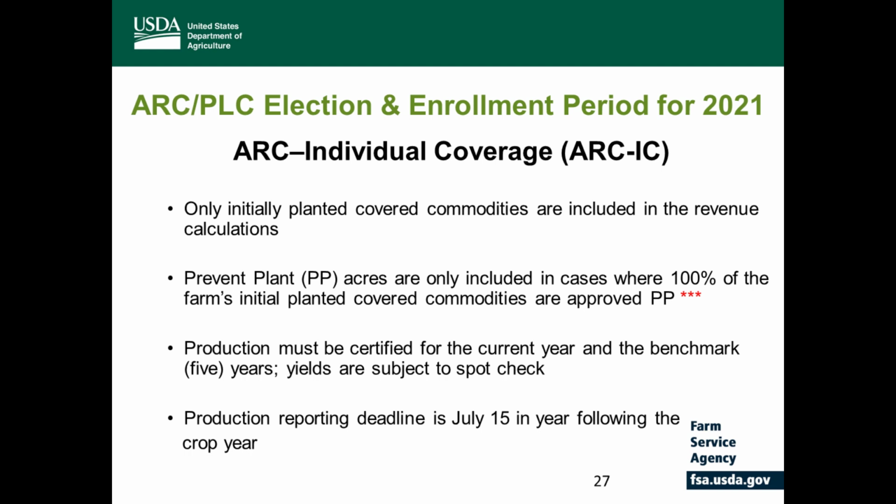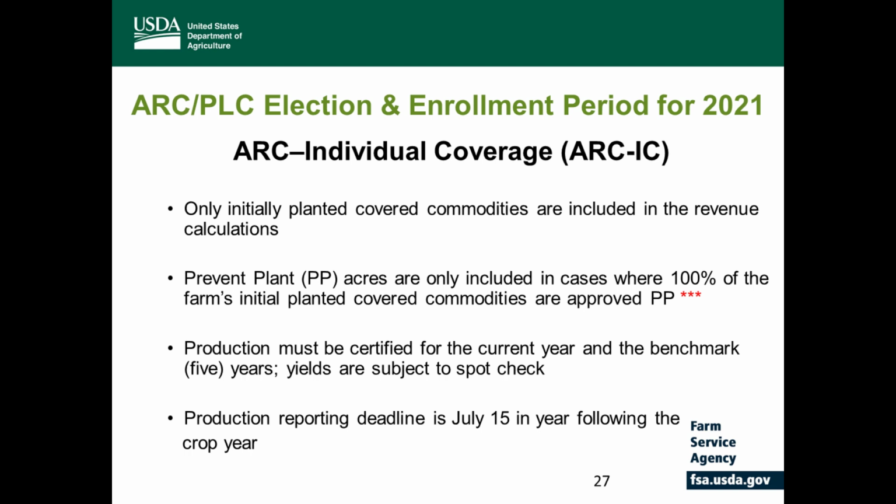Only initially planted covered commodities are included in the revenue calculations. We don't include subsequent crops that may have been planted. Again, it's telling us here prevent plant acres are only included in cases where 100% of the farm's planted covered commodities are approved prevent plant.